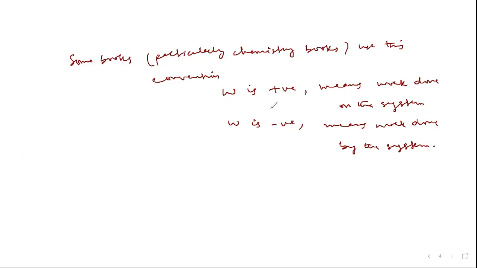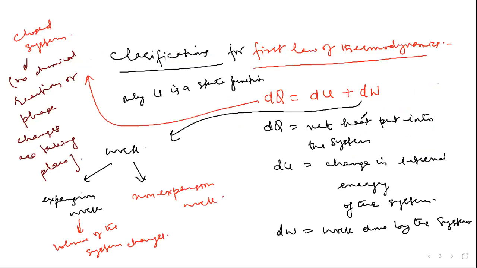Chemistry books use positive work means work done on the system, right? And negative means work done by the system. In my convention, negative means work done on the system, right? So Q, there is no confusion in heat convention because that is mostly used by all books, the same convention that positive heat means heat put into the system, negative heat means heat rejected by the system, right?